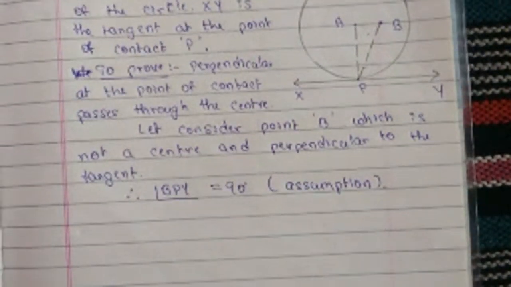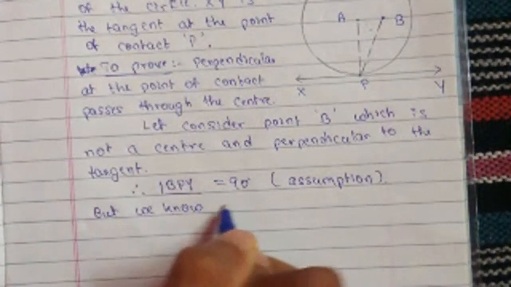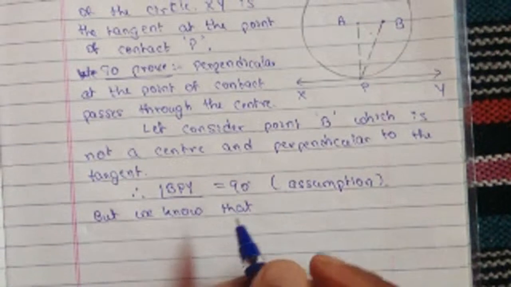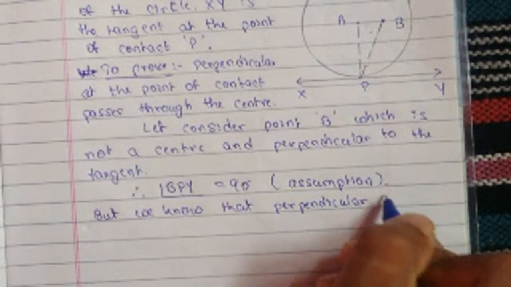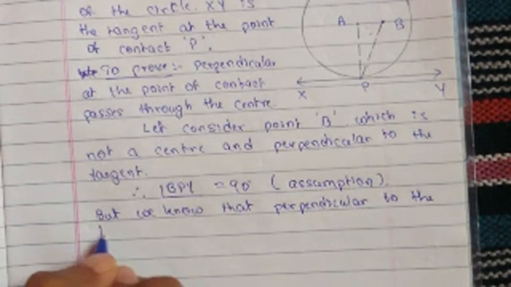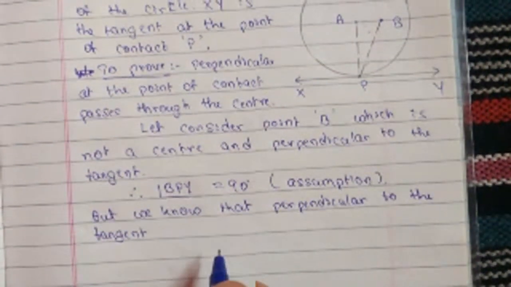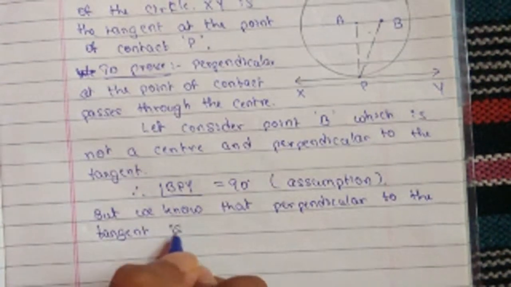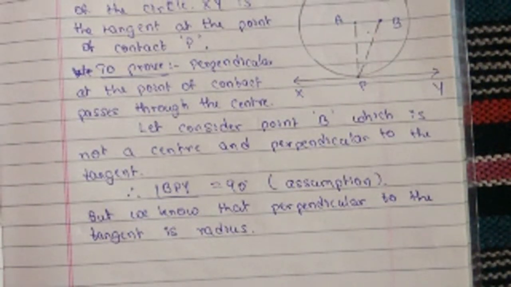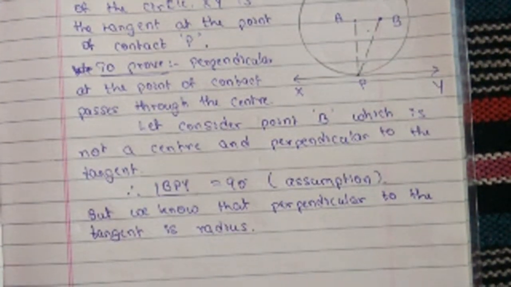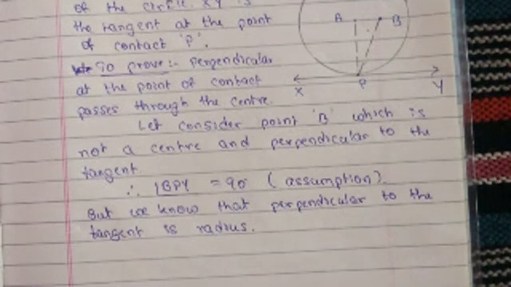But we know that, from the previous theorem, the perpendicular to the tangent is the radius, and the radius passes through the center. It joins the center and a point on the circumference of the circle.